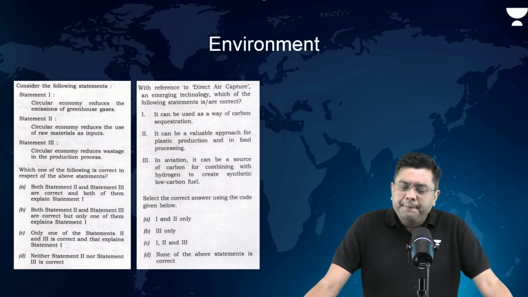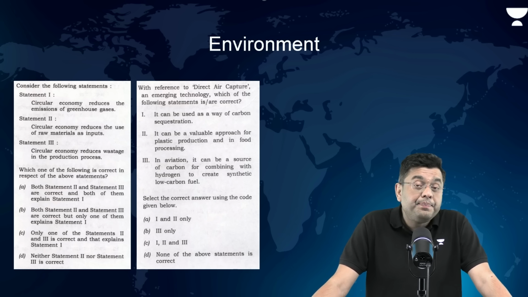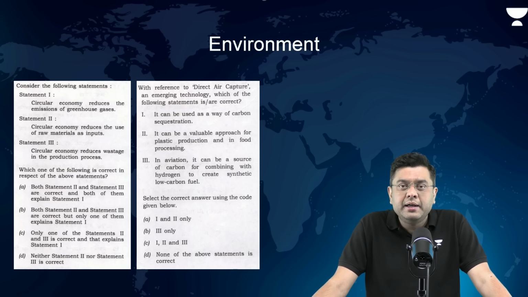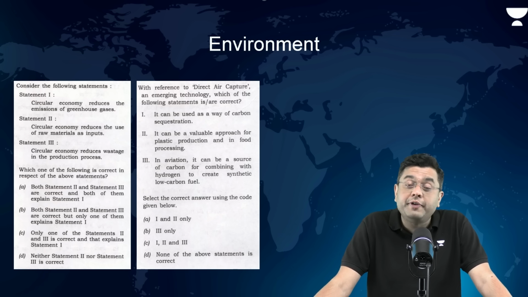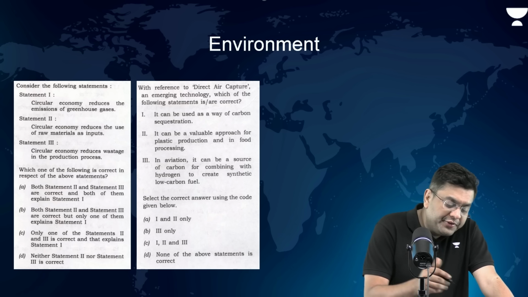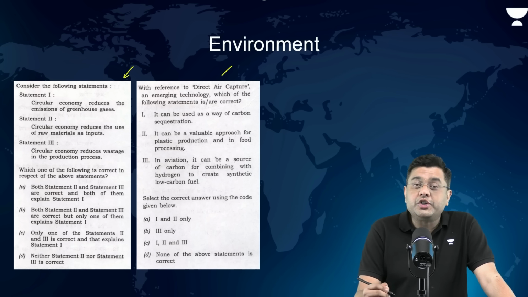Now, similarly in environment, when a candidate thinks about environment, they basically think about only the species like orangutan, peacock tarantula, or national parks, wildlife sanctuaries. I should ratify all of them. But if you observe, environment here also has conceptual questions.